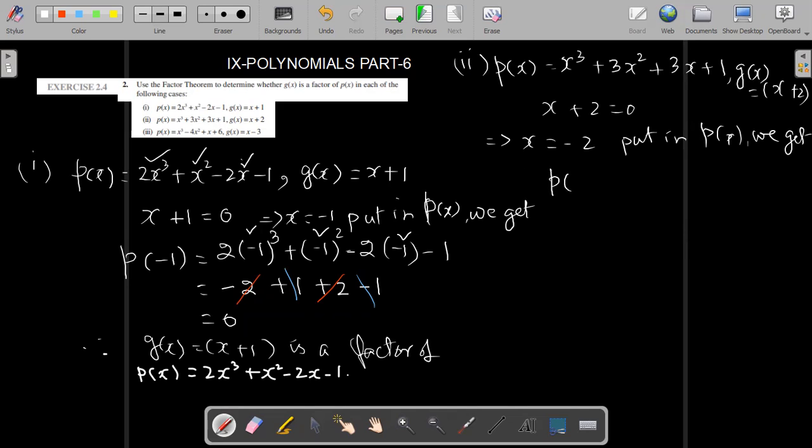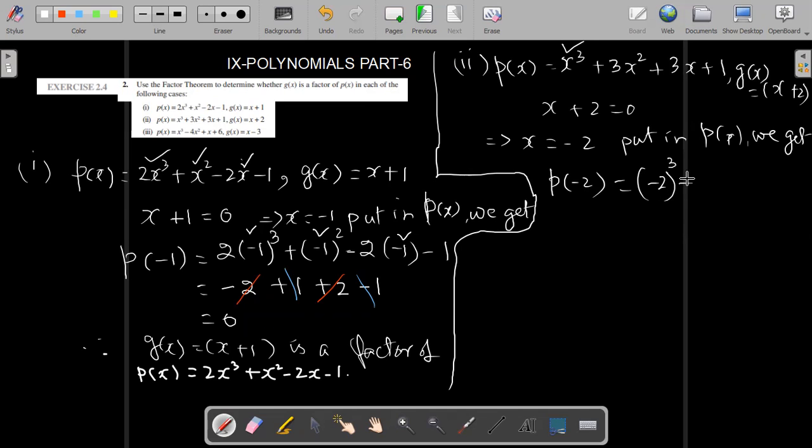p(minus 2) will be equal to minus 2 cube, x is replaced by minus 2, plus 3 into x square, that means minus 2 square, plus 3 into x, minus 2, plus 1.